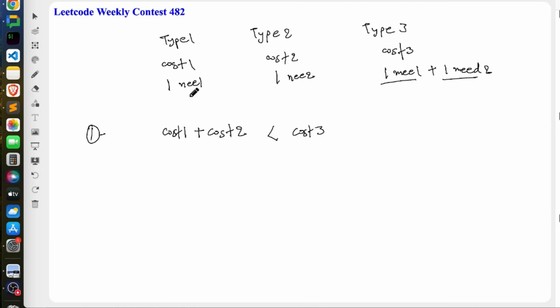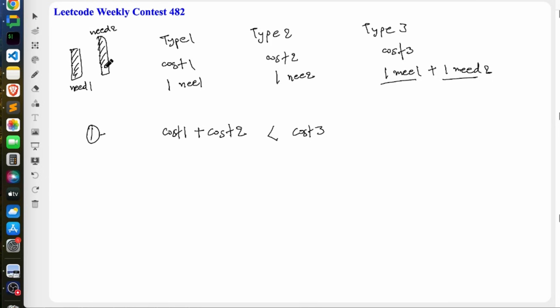So to fulfill 1 unit of need 1 and 1 unit of need 2, we can first check which one is minimum. If cost 1 plus cost 2 is minimum, I will take this to fulfill 1 unit, or if cost 3 is minimum, I'll take cost 3. So let's say this is your need 1, and let's say this is your need 2, and need 2 is more.